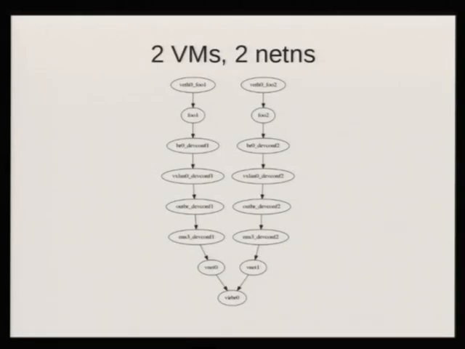So here's my setup. I have 2 VMs, and 2 network namespaces, 1 in each VM, and that amounts to this complex setup.